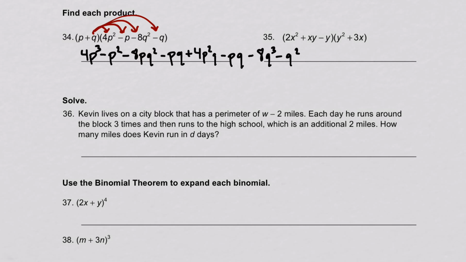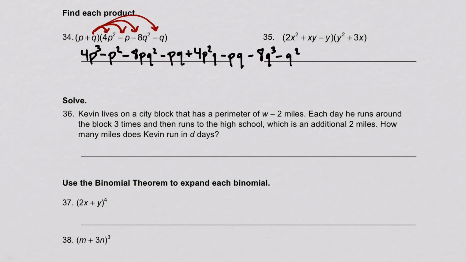Okay, so let me see if I identify any. 4p cubed, I don't see any other p cubed. I see an 8q cubed, but not a p, right? Negative p squared, I do not see any p squareds by themselves, so no. Negative 8pq squared, this one's similar to 4p squared q, but they're not the same because this one has p squared and this one has q squared.